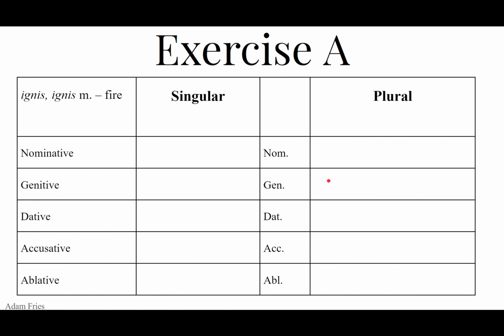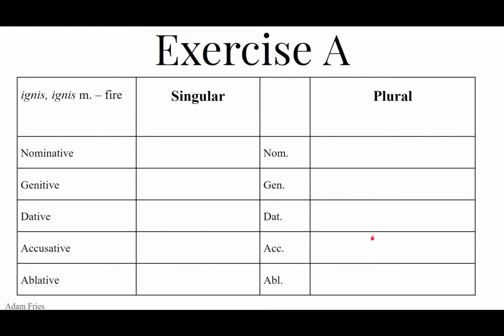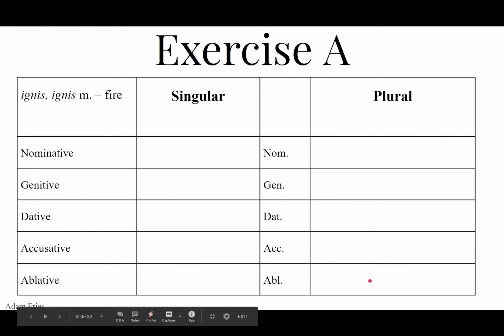That means the genitive plural will end in I-U-M, ignium, instead of just ignum, U-M. So ignis, ignis, igni, ignem, igne, ignes, ignium, ignibus, ignes, ignibus.